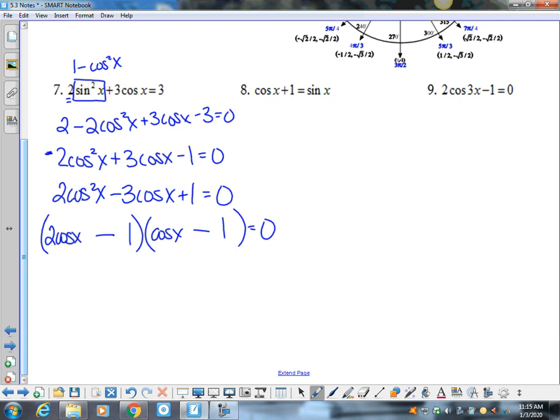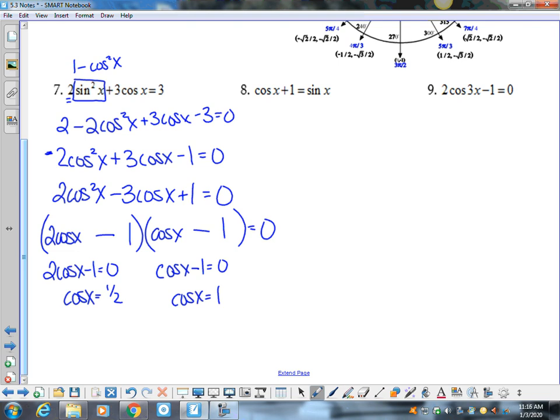So I'm just going to kind of be quiet and give you guys 10 seconds to kind of start doing that. And then hop to your unit circle.